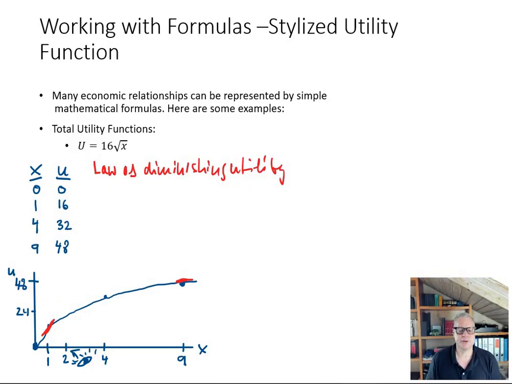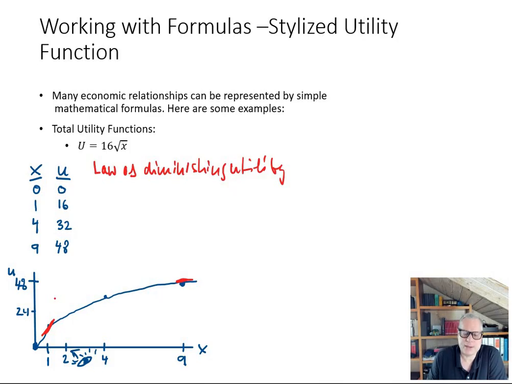What that captures is simply the fact that the more you consume, yeah, it's good to have another cookie, but the extra utility that you get from the second cookie is not as great as the extra utility that you get from the first. And if you have a third cookie after the second, it's still good, but the extra utility from moving from the second to the third is not as high as moving from no cookie to the first. So that is the idea of the incremental or the marginal utility.